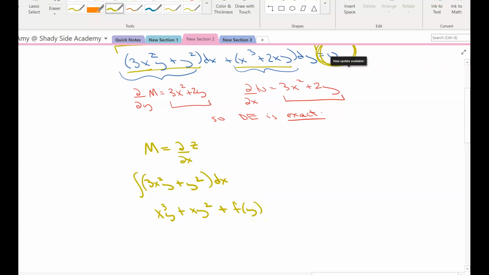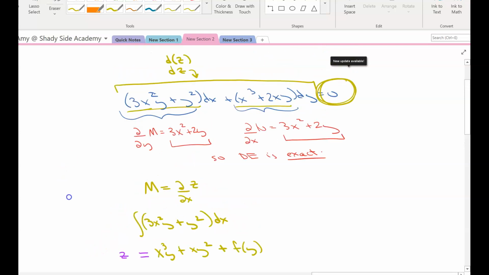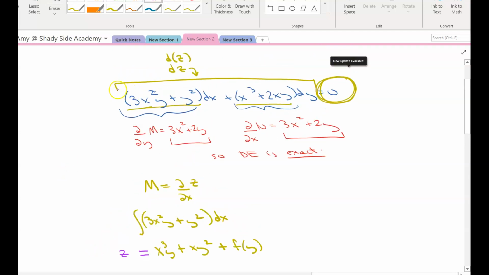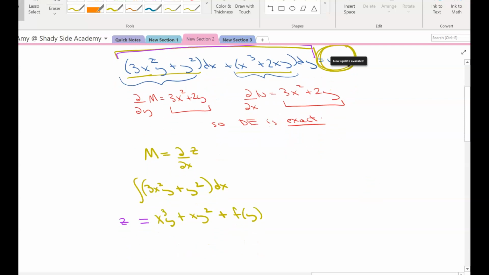Don't lose sight of what this is. This here is that mysterious function z that I want to re-express the entire left-hand side of the diffeq as a differential of. That's z. The thing is, I've got to figure out what this is.